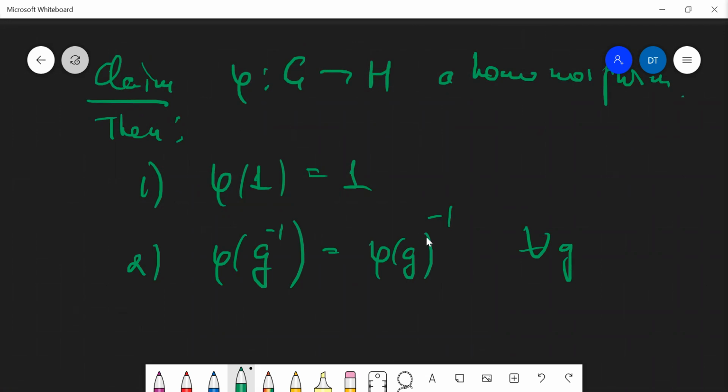So for every element small g from capital G, we have this equality. So briefly, if phi preserves an operation, then phi preserves the neutral element, and it takes the inverse to the inverse element.